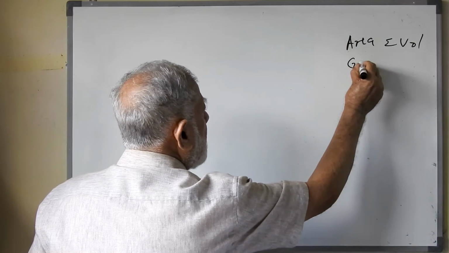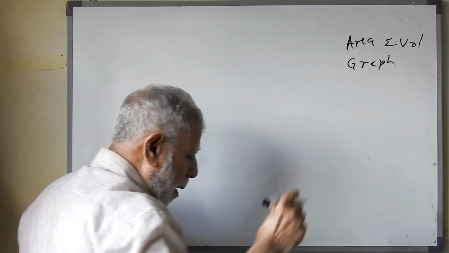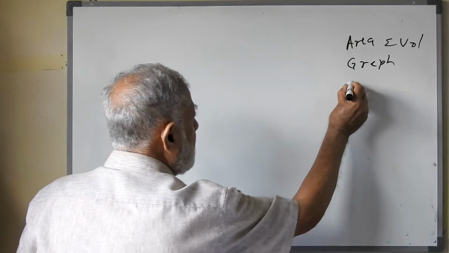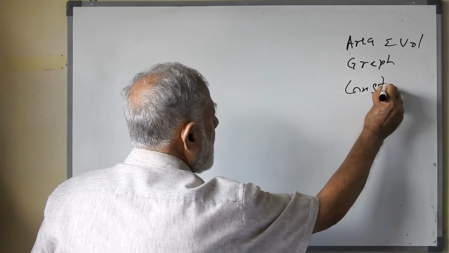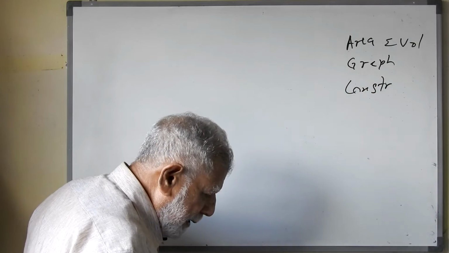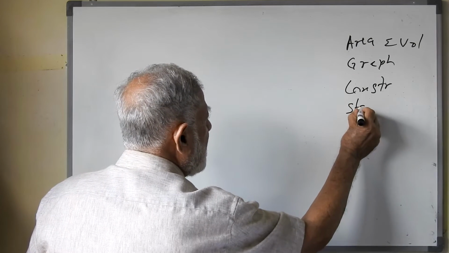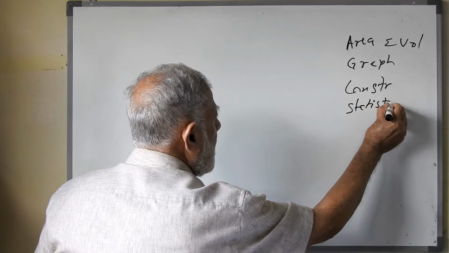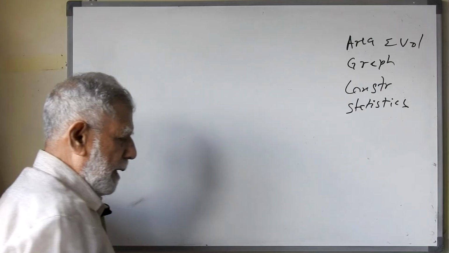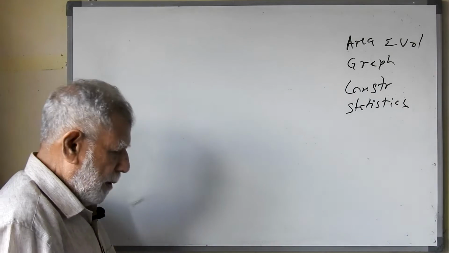Then there is a graph question, then there is a construction question, and there is a statistics question. What is statistics? Statistics is on mean, mode, median, and all that.